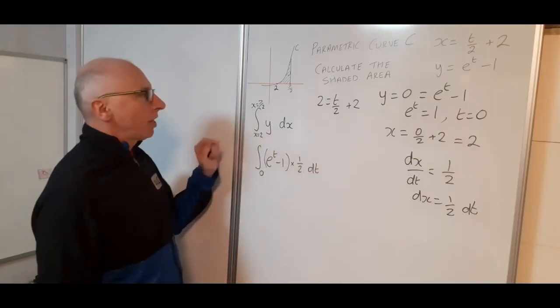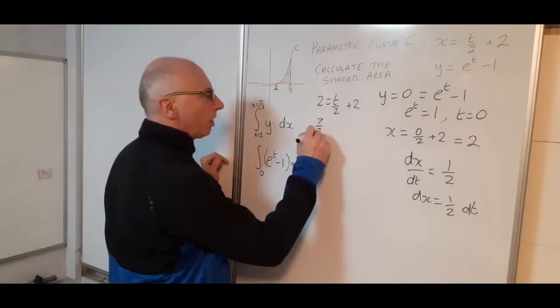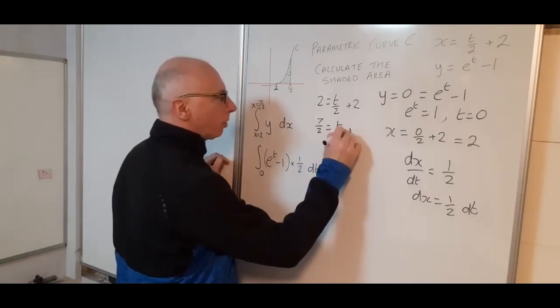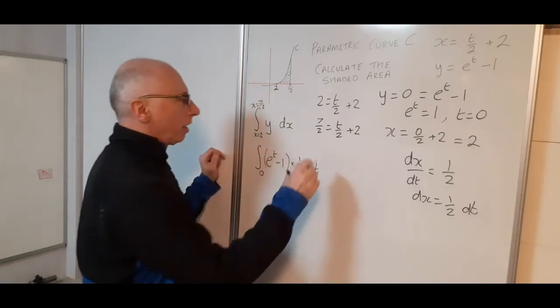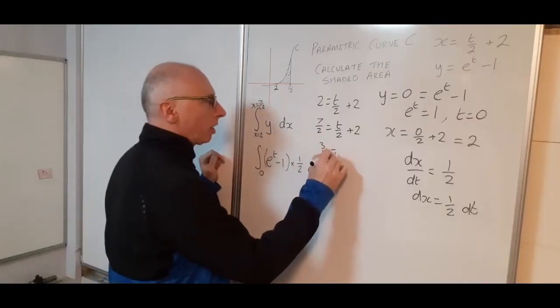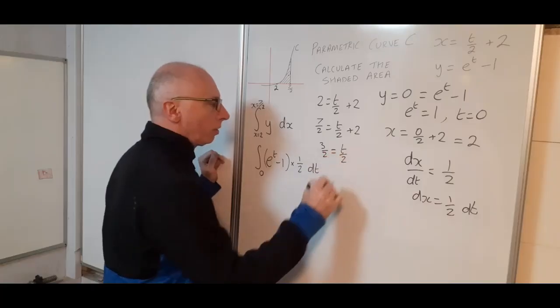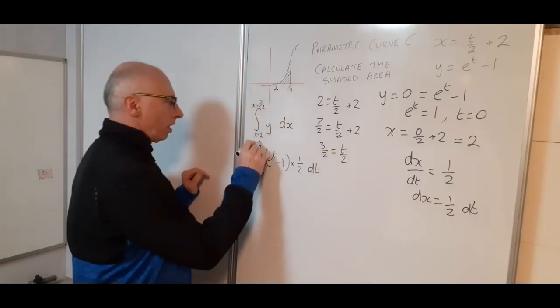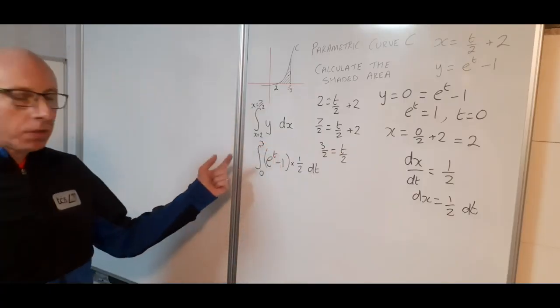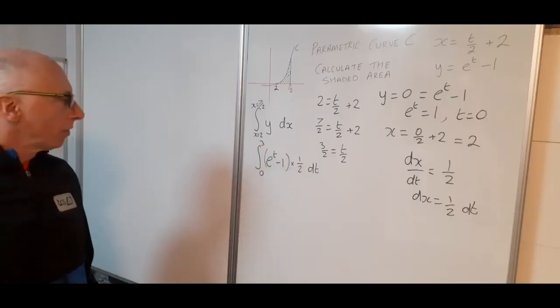Now what about when 7/2? So 7/2 equals t/2 plus 2. Subtract 2 from both sides. So I get 3/2 equals t/2. So therefore we can see that t is clearly 3. So then that's our setup in terms of t for our integration.